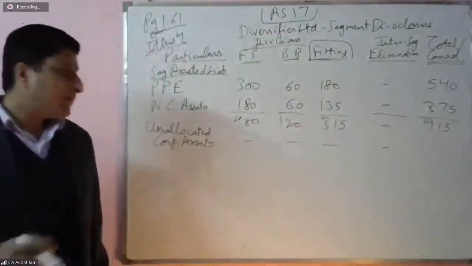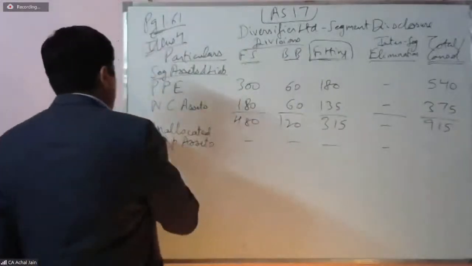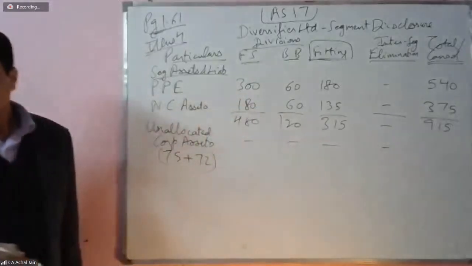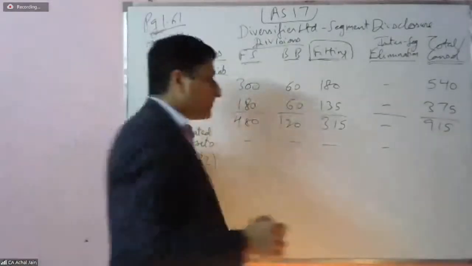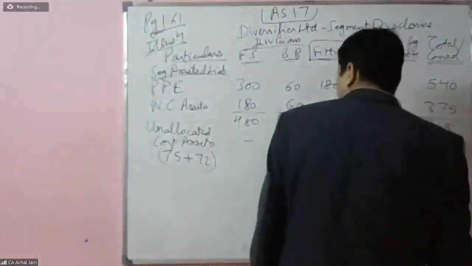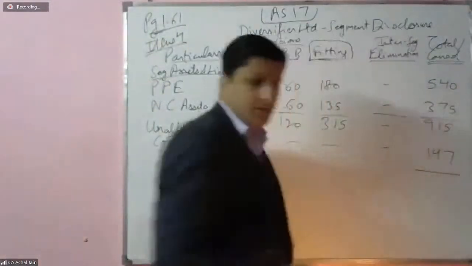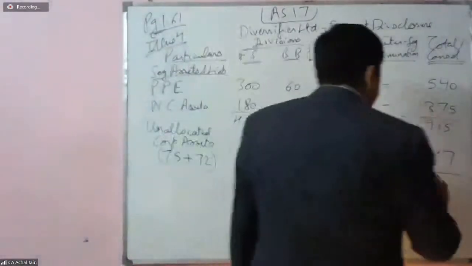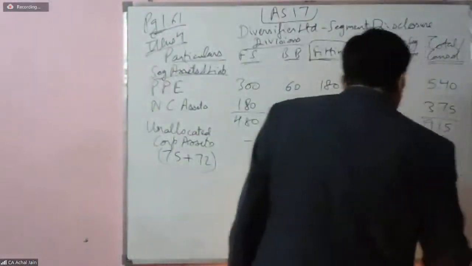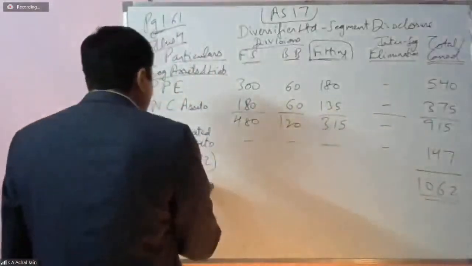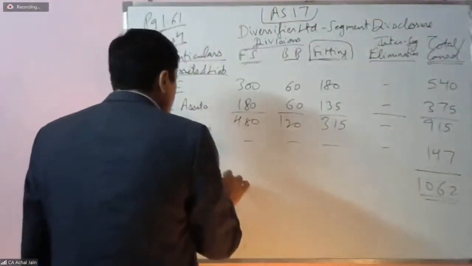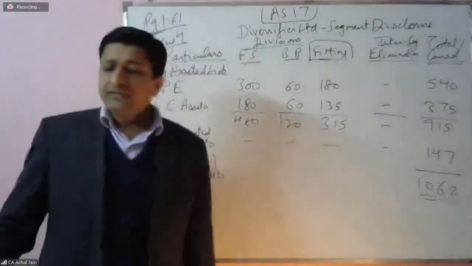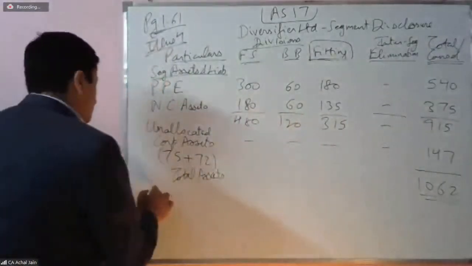And what is that amount? 75 plus 72. So this is 147. So this becomes 1062. Yeah, total assets of the entity 1062. Correct. Then we will give the information about segment liabilities.